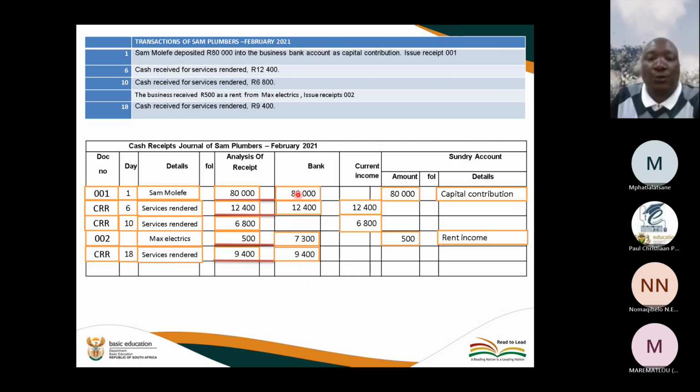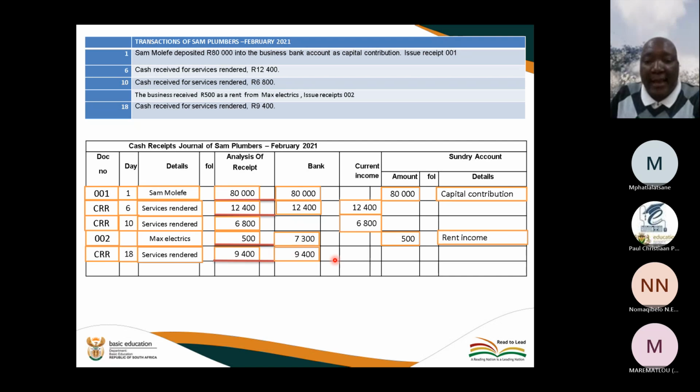And then we transfer that amount to the bank account, which is 9,400. And then from there we transfer that amount. This amount was supposed to go to the current income here. It's just a mistake, and this mistake normally happens. Learners tend to lose marks because of this.